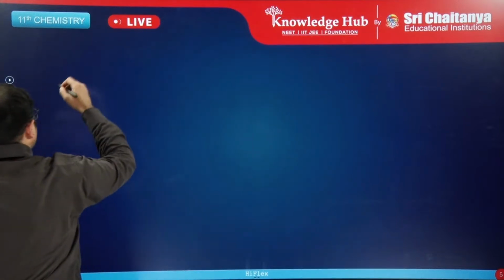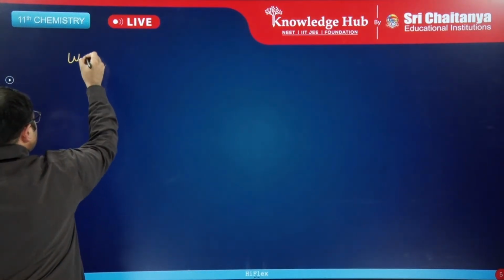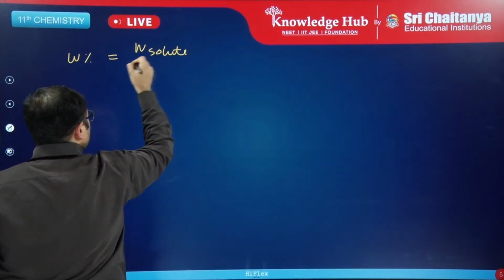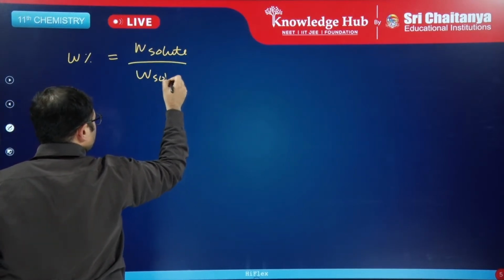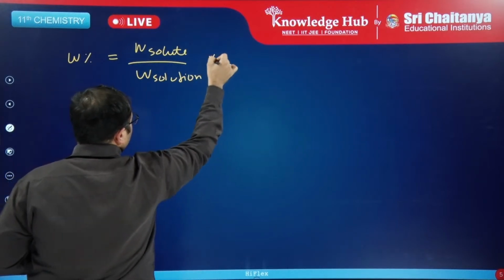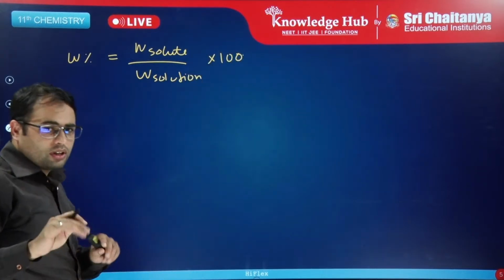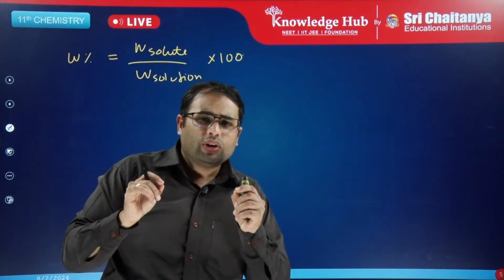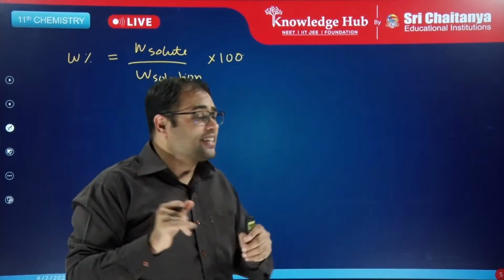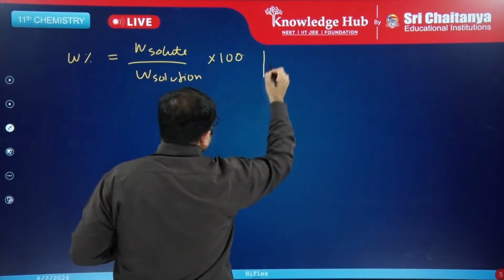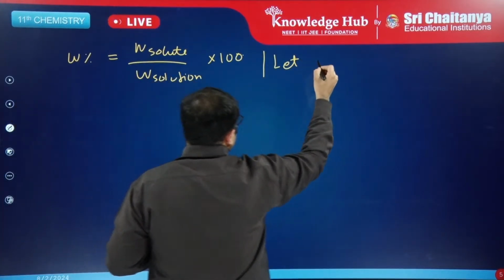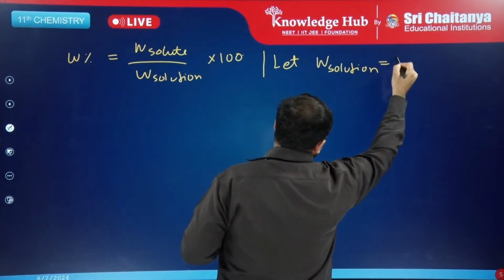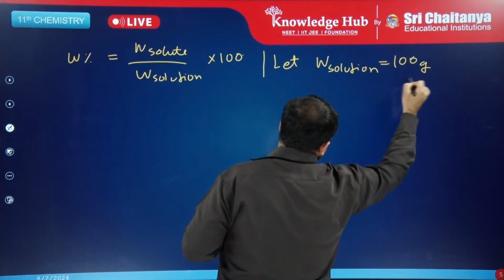See, the formula of weight percentage is weight of solute divided by weight of solution multiplied by 100. Correct? Now, I'm going to take an assumption and let weight of solution equal 100 grams.